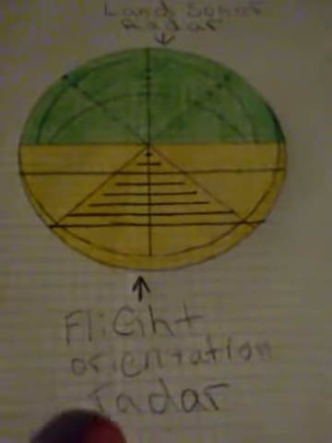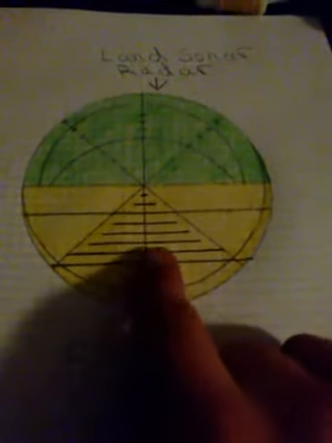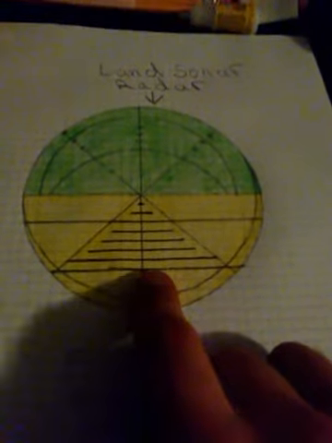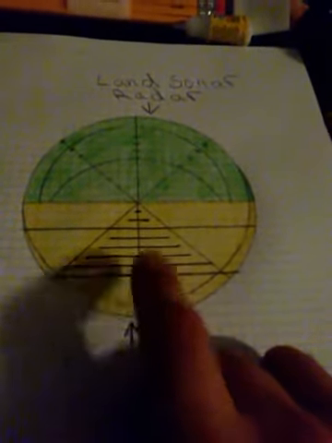So, what's going on here is this bottom one is a flight orientation radar. This is generally how you have your radar set up in a cockpit. Not exactly, but generally.